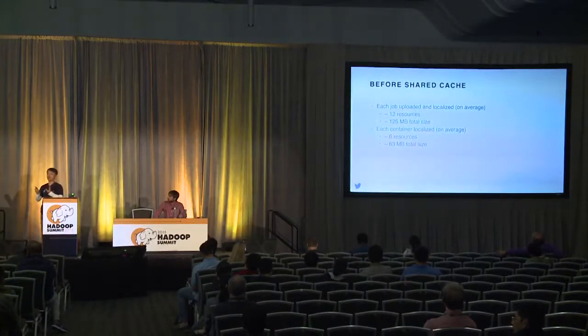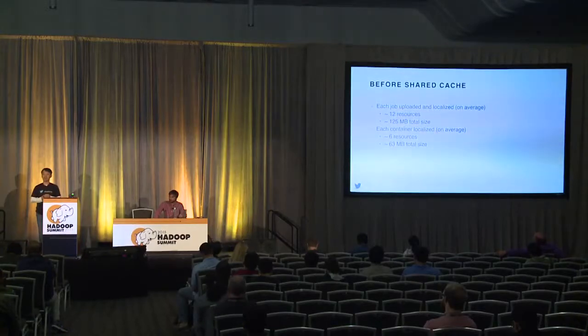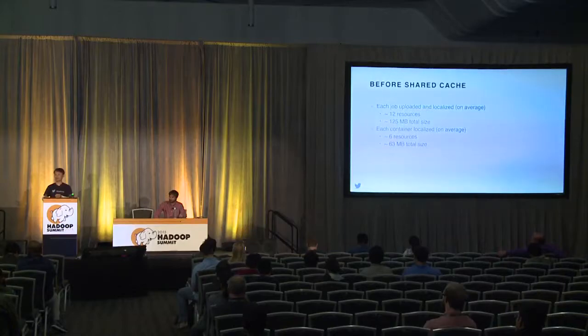And if you consider the ratio of number of containers per job that are landing on the same node, that ratio in our environment comes out to be roughly 2, meaning that there are about twice the number of containers as number of unique jobs on any given worker node.